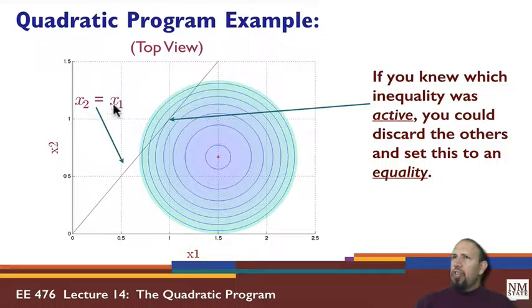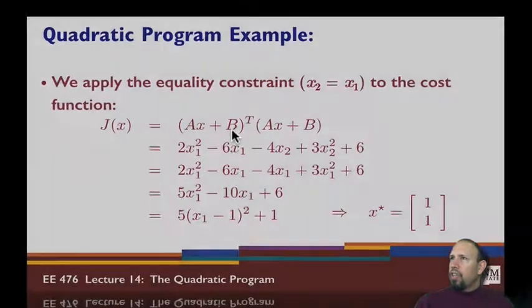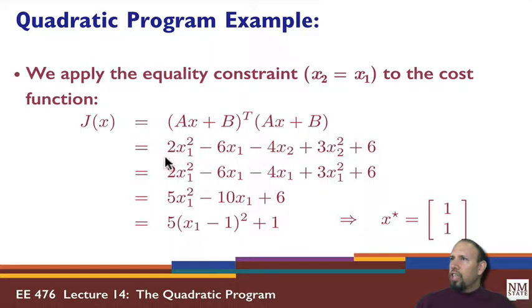So if x2 is equal to x1, then we can plug that into our cost function. Here's our cost function. If we plug in x2 is equal to x1, this is what we get, which simplifies down to this. Completing the squares, we get this. Notice that this is minimized when x1 is equal to 1, because then this term will go to 0.